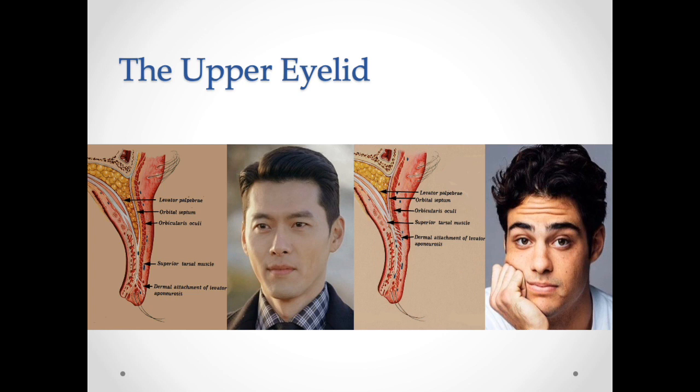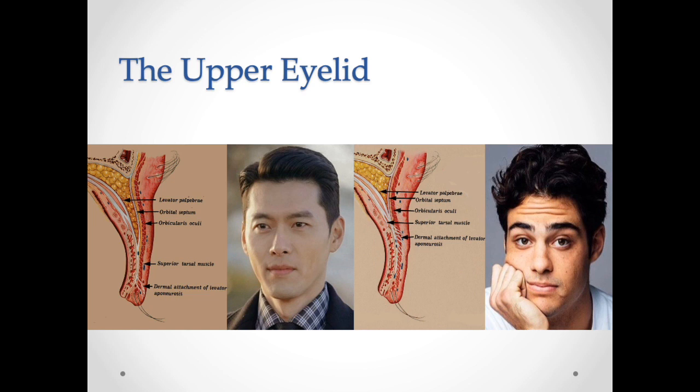But anyway, before we head on to the evaluation of the ptotic lid, knowing the eyelid anatomy is necessary. It is so apt to show you that these two men represent the classical eyelid of an Asian and a non-Asian. Although we all know that there are differences in the upper eyelid of different races, the sequence of layers is still the same.